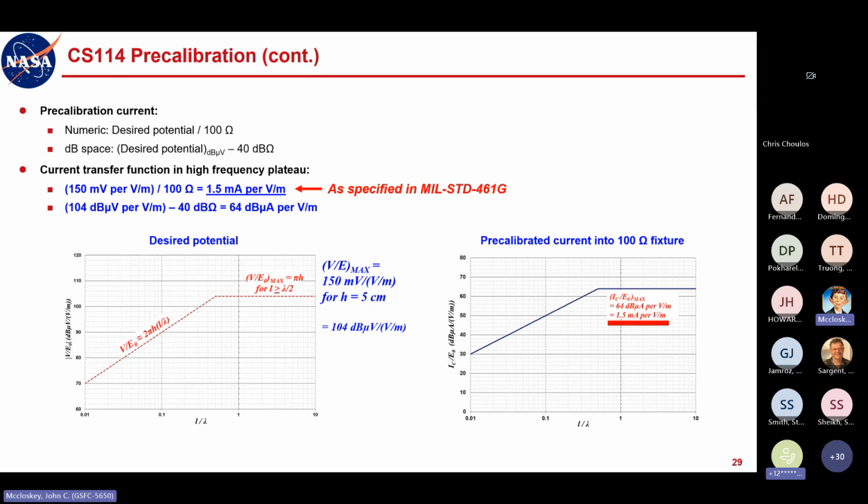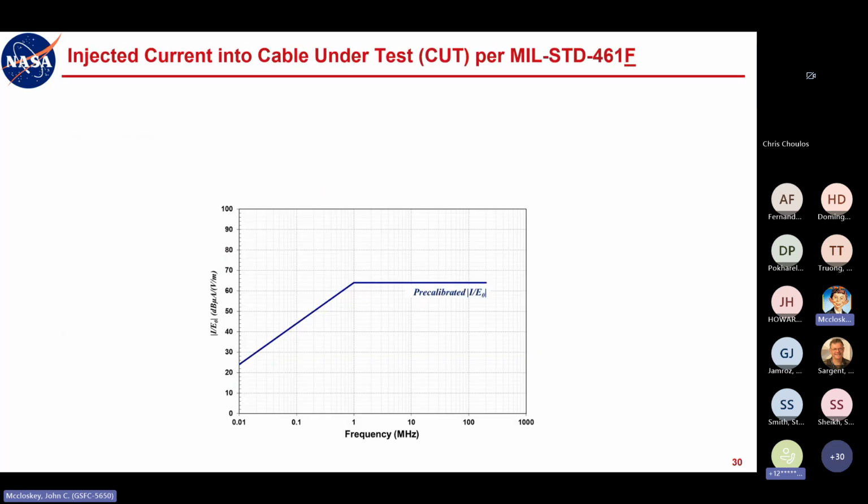Now the inductance of the configuration comes into play, and that will affect what the impedance looks like at higher frequencies. But basically, the extreme case is that you're injecting into a short circuit instead of the 100 ohm fixture. So you want to limit how much current you can inject into a short circuit. That's the maximum you're going to get.